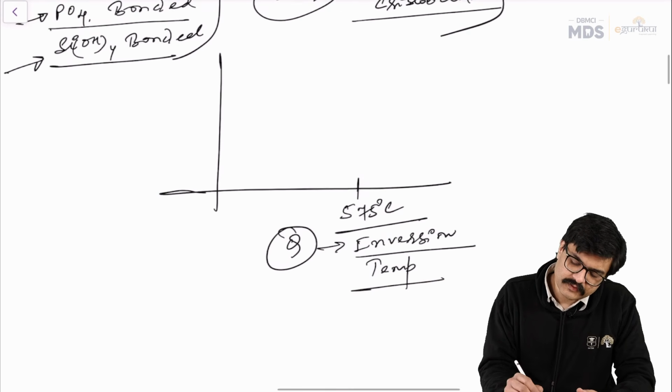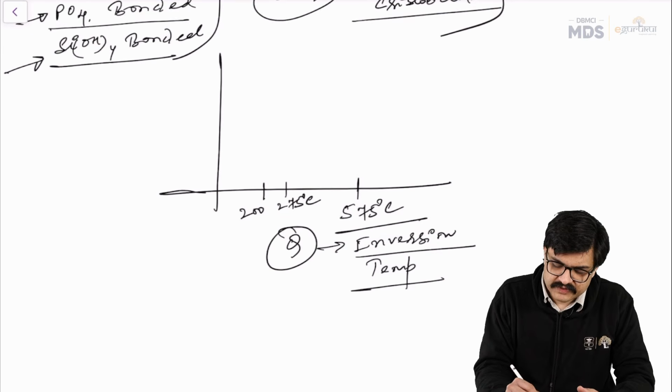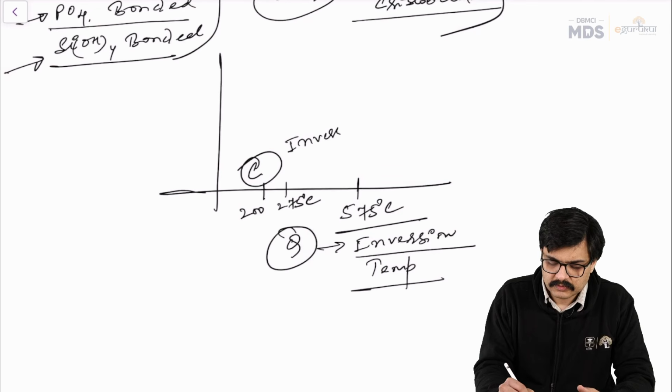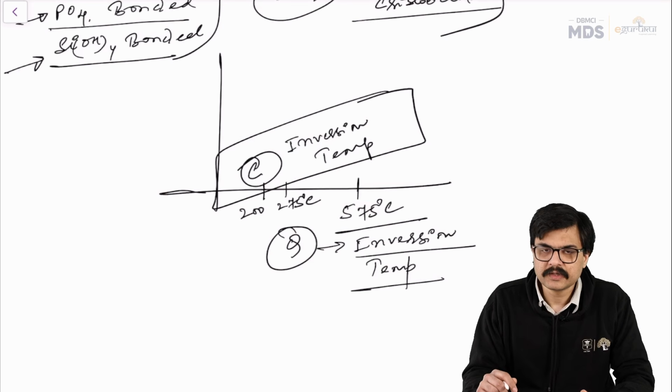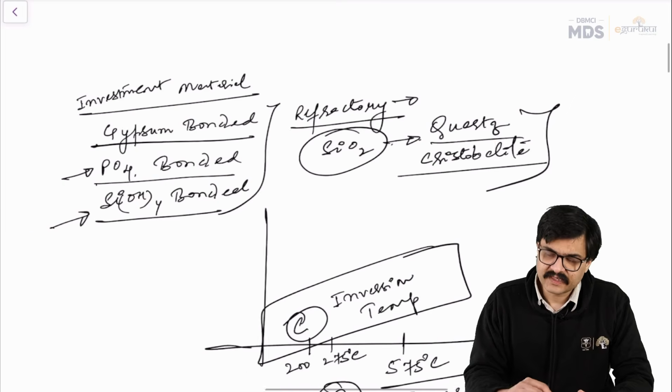That's in the range of 200 to 275 degrees Celsius. Okay, so for cristobalite, the inversion temperature is pretty low. That is between 200 to 275 degrees Celsius. So that's the answer here.